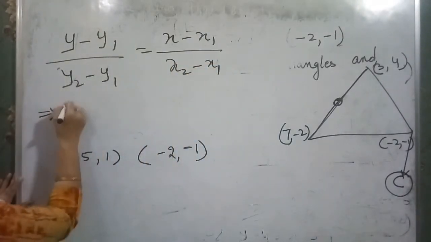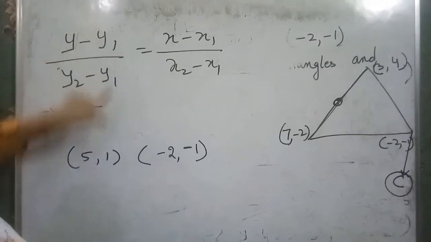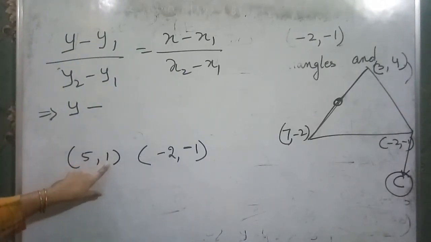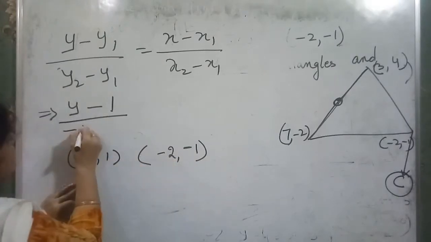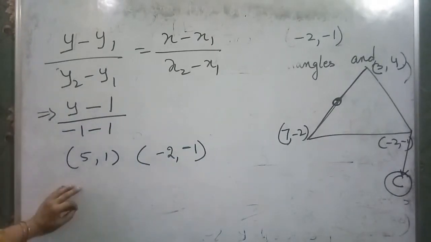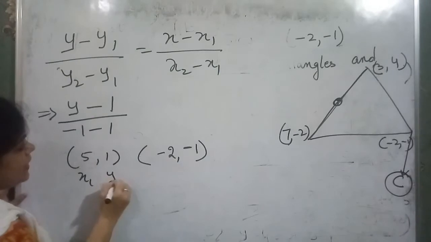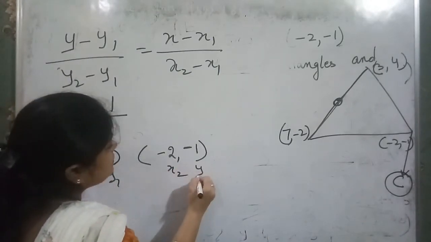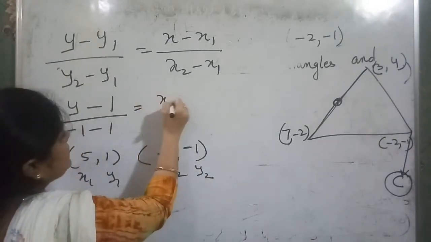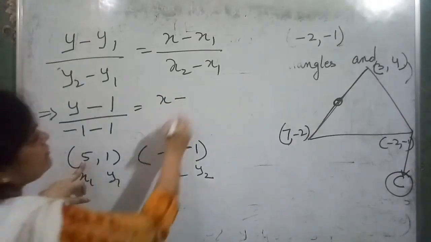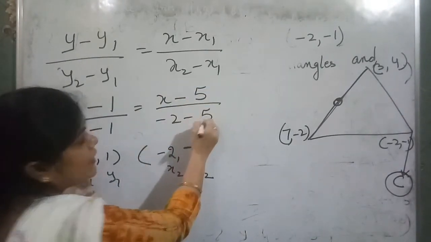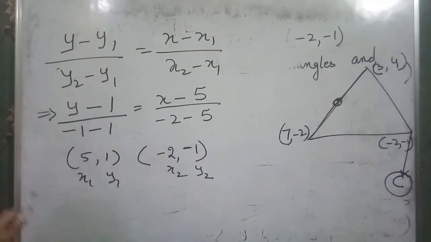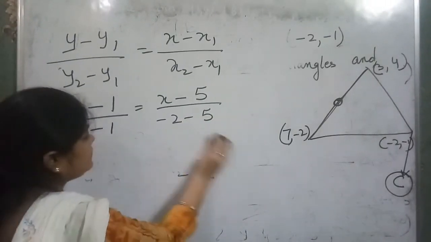Now put the values. y minus y1, y1 means 1. Now y2 minus 1, that is minus 1 minus 1. Clear? This is x1, this is y1, this is x2, this is y2. Now x minus x1, that is 5. Now minus 2 minus 5. Clear?